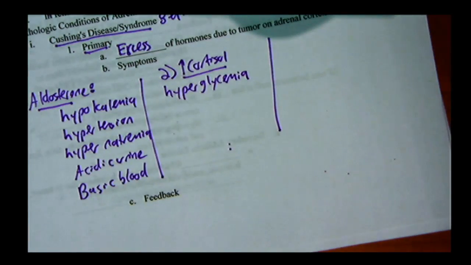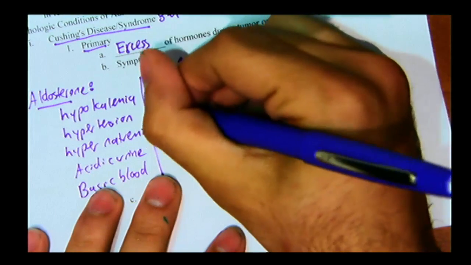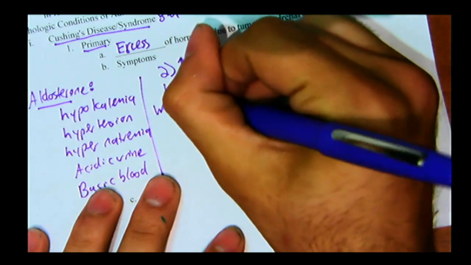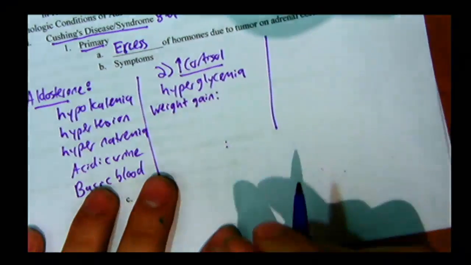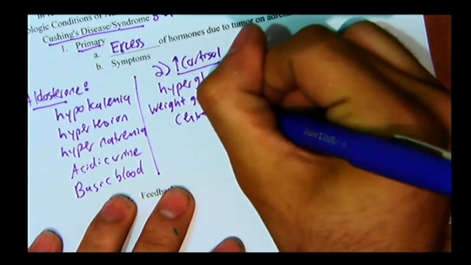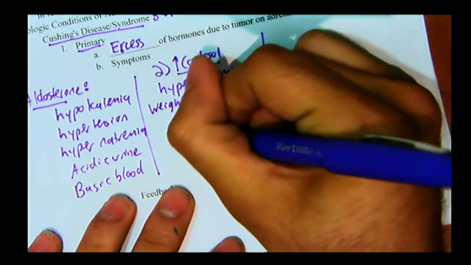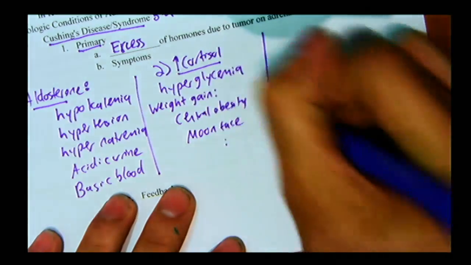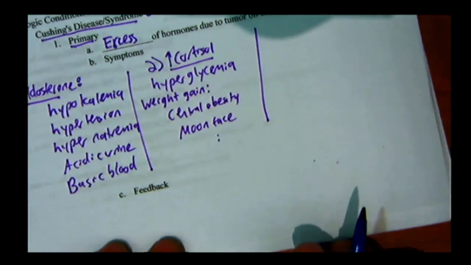And you'll have thin appendages. So you'll be really big here and here, but you're going to have really thin arms and legs. Why do you have really thin arms and legs if you have too much cortisol? Awesome. That's due to protein degradation.